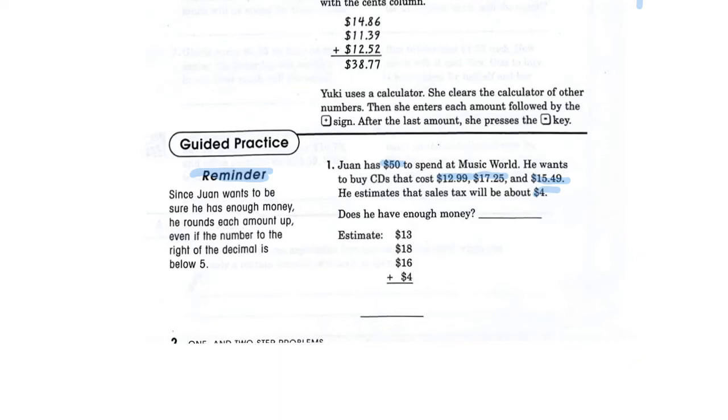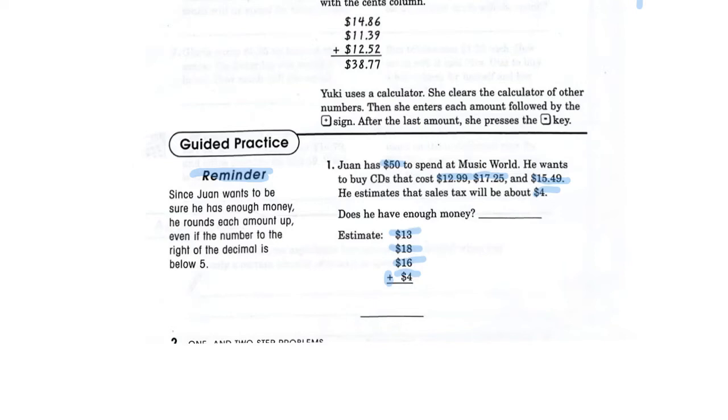So Juan estimated that the $12.99 to 13, the $17.25 to 18, the $15.49 to 16, and then he added in the sales tax. It is a plus problem. If you have your calculators, you can use this to add it up.